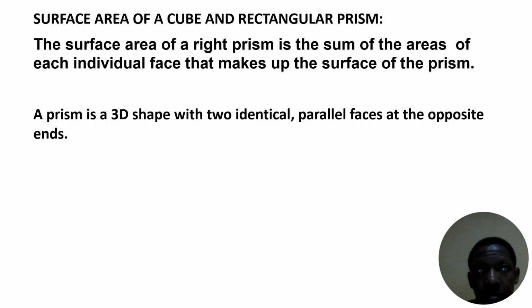If you take a cube, it will have all identical sides with an identical area. So that simply means with a cube you can't really tell, because all the faces are identical.